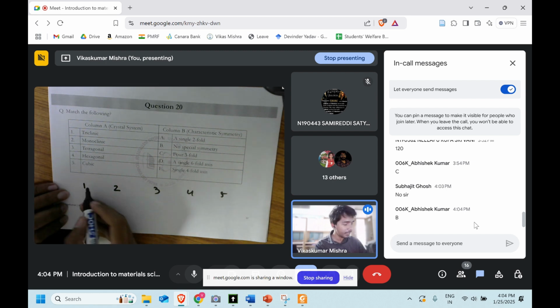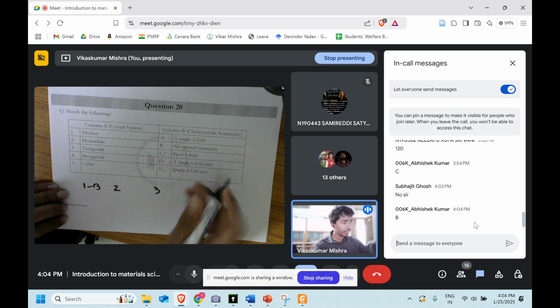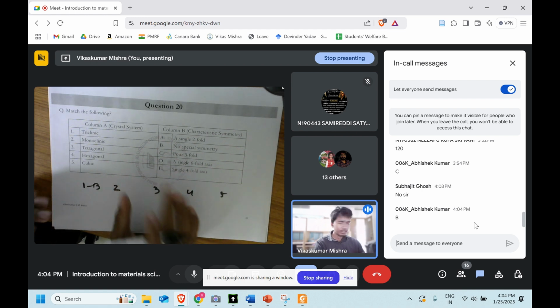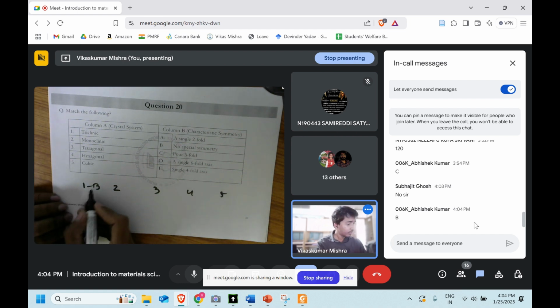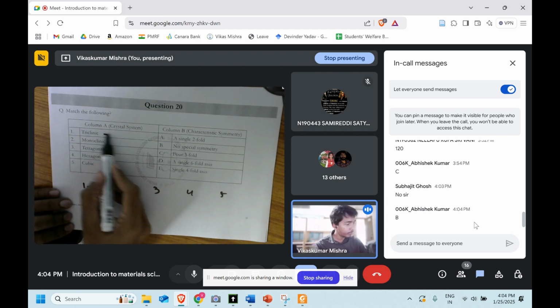B, Abhishek is right. Option B. It's not symmetrical. It has no special symmetry. It only has the common symmetry which every object in the world has: if I rotate myself by 360 degrees, the result is the same. So the first one matches with B.